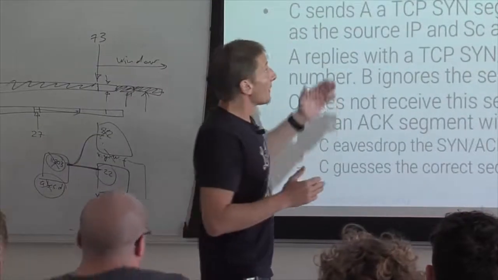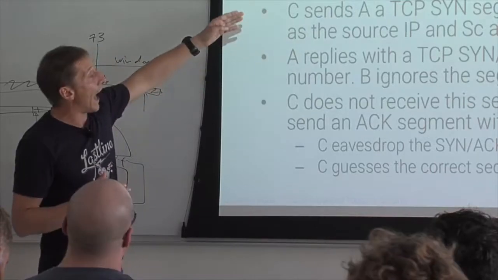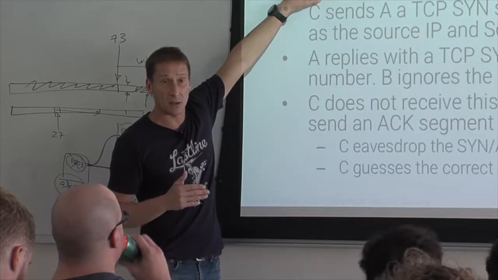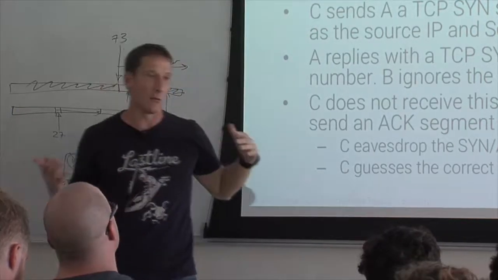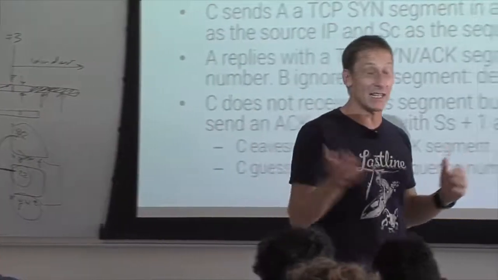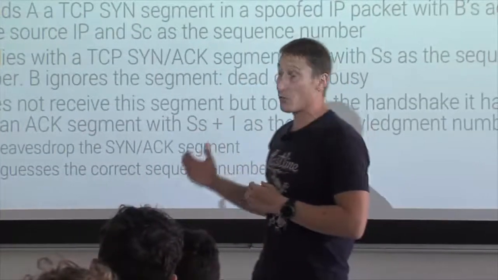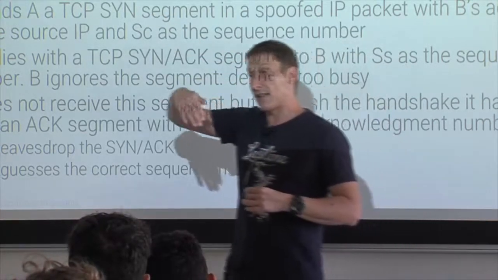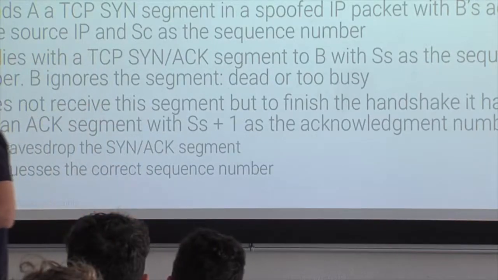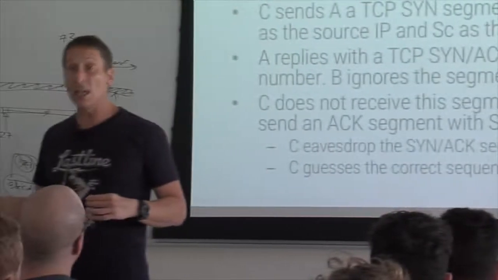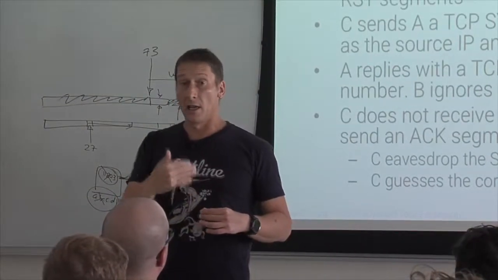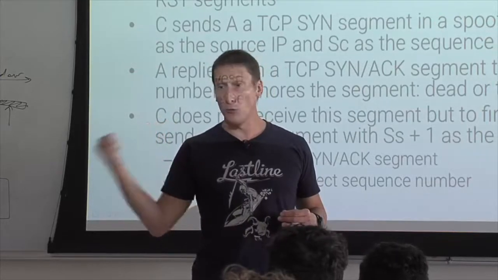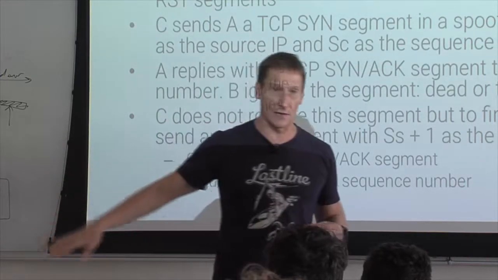And so in order to do spoofing, first of all, you have to prevent the impersonated host from doing anything. So you do a denial of service attack, ping of death, whatever is your equivalent to take it off the network, so it will not send a reset. Then C, the attacker, sends a TCP SYN to the victim A, impersonating B. The victim A will reply to B with a SYN-ACK, but it will be ignored because you killed B and it's out of the network.